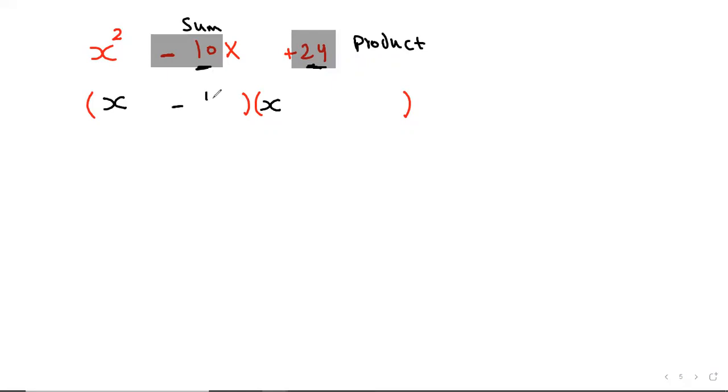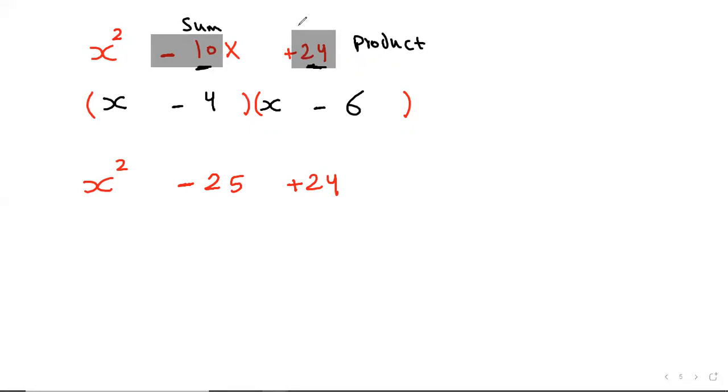They are negative 4 and negative 6. What if I multiply this expression x squared, plus 24 at the end, and here minus 25?